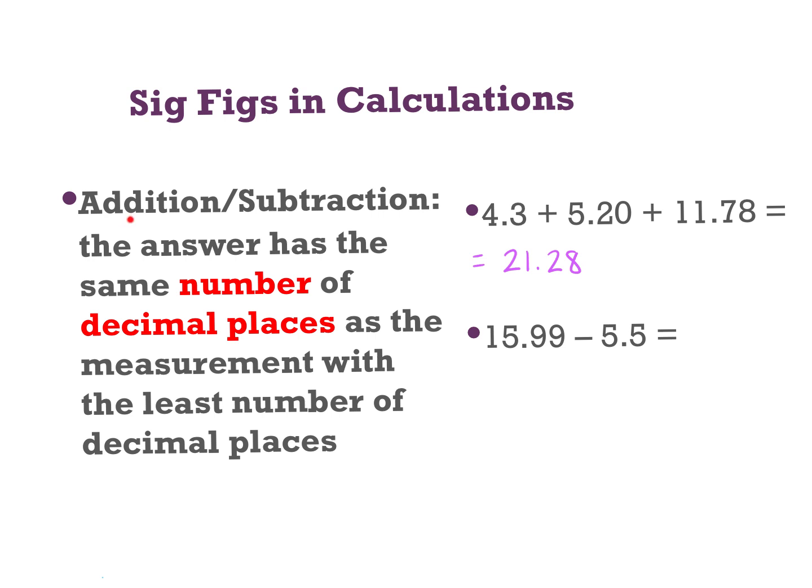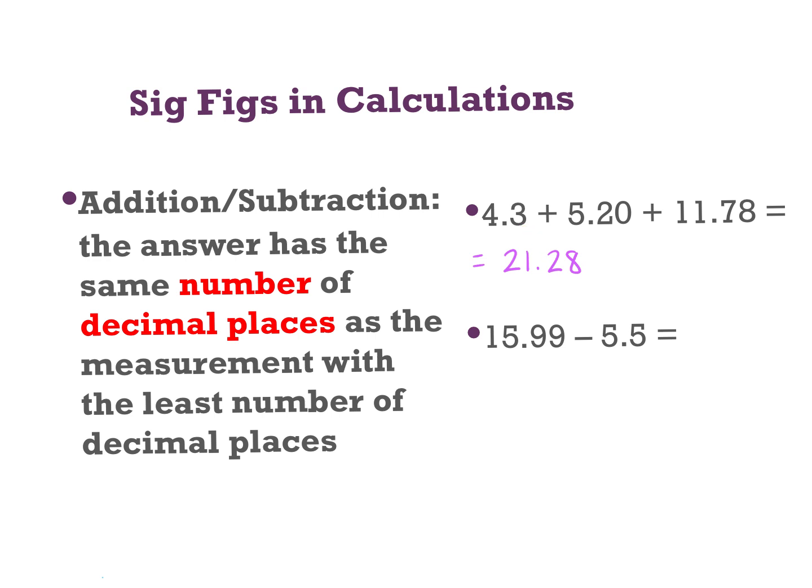So when we're adding or subtracting, we're counting decimal places. Or you can think of it as how many numbers come after the decimal. So in this number, how many numbers come after the decimal? 1. How about this one? 2. Okay, so what's the lowest amount? 1. So that means your answer can only have 1 decimal place in it.